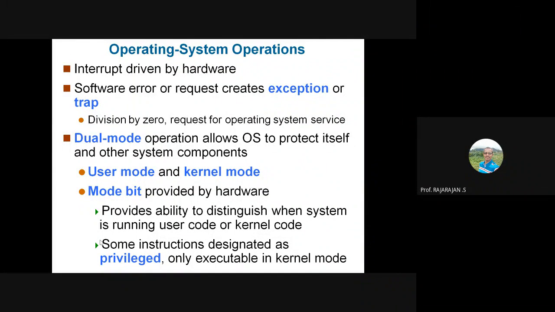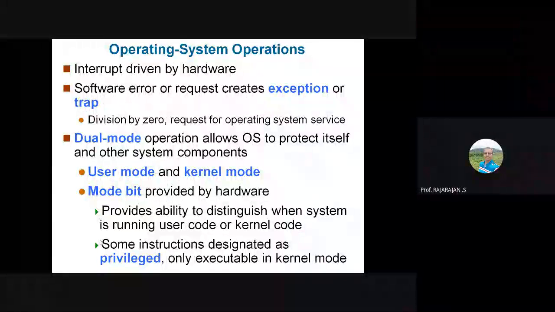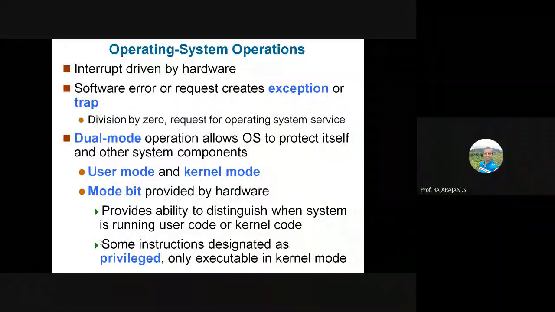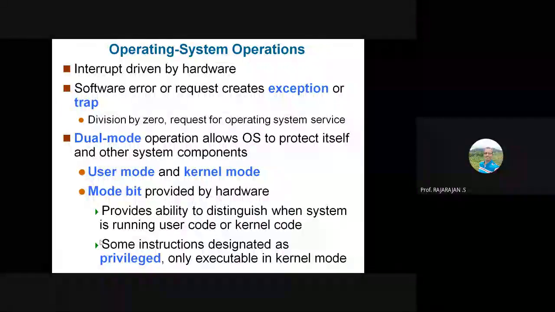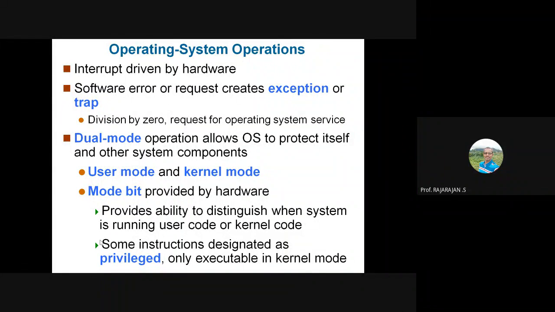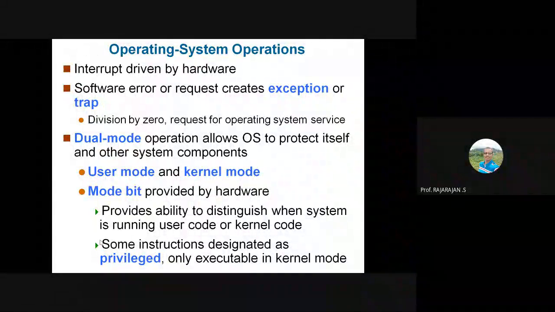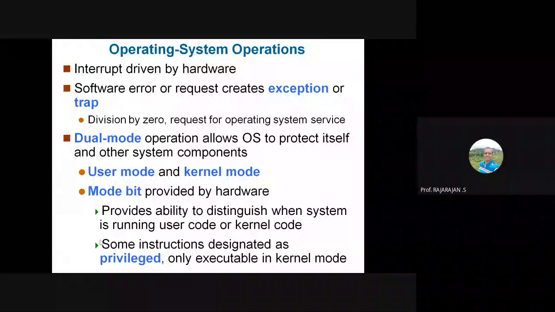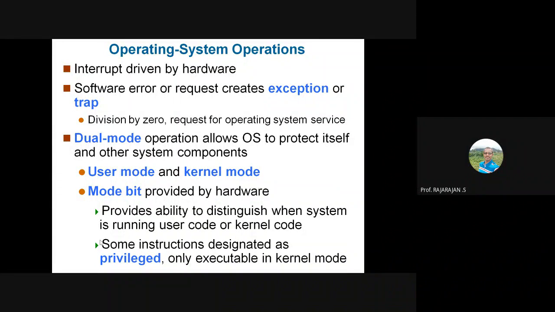So how do you prevent that? The basic idea is enforcement of two modes of operation: user mode and kernel mode, which clearly separate the processes. Whenever user programs are running, the system is in user mode, and the moment some OS activity has to take place, the system turns into kernel mode.